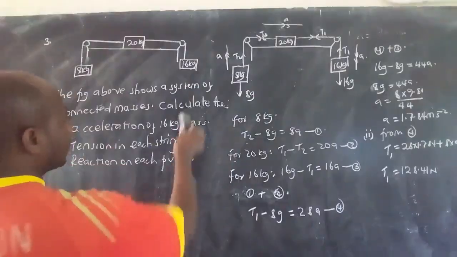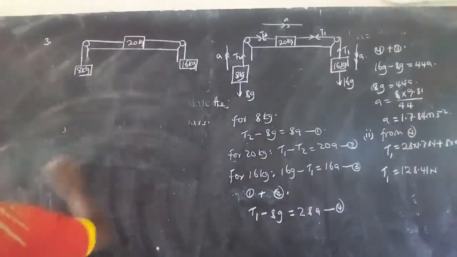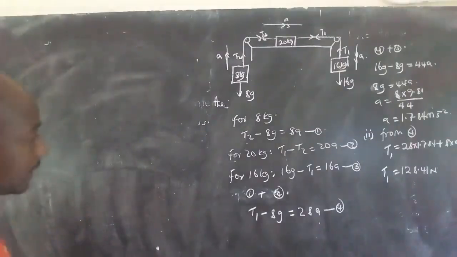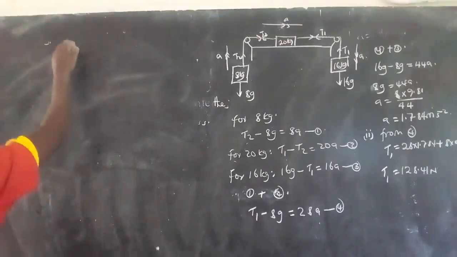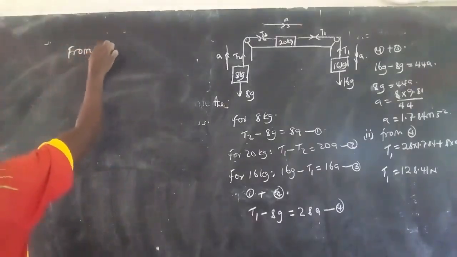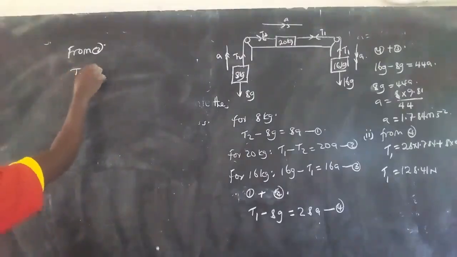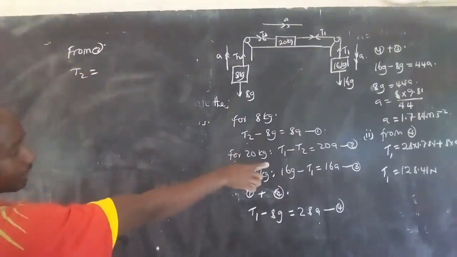What about T2? Because we are going to calculate this. Then T2, how do you get T2? From 2. From 2, our T2 will become T1 minus the 20a.